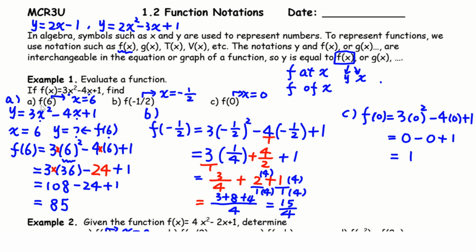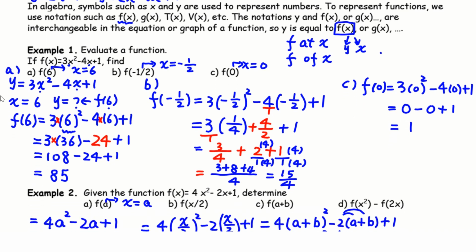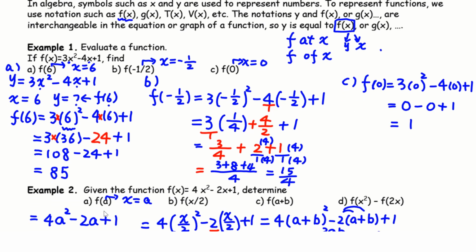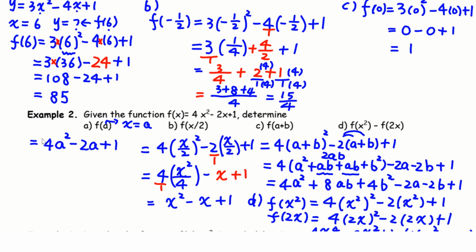F at 6 is not f times 6, it's just f at 6 together, input is 6, find the output. If it's not a number, it's an expression, you just need to replace x with the expression, then simplify.